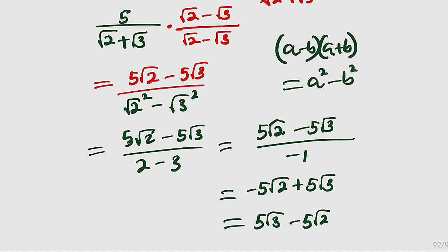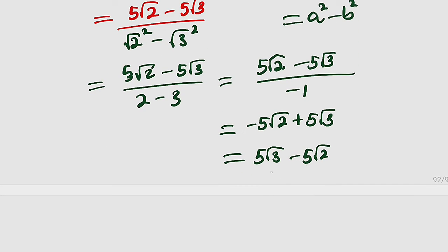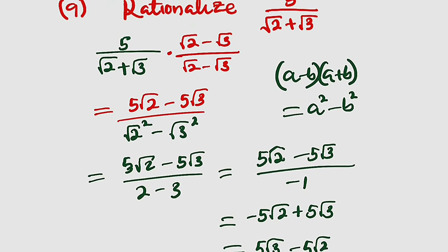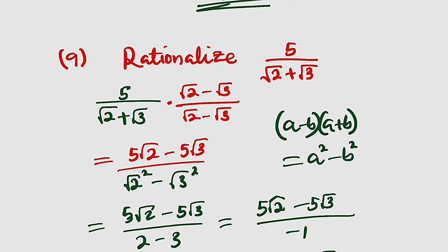If you like, you can factor out the 5 because we have a common factor of 5, but it's not necessary. But let me just do that. It will be equal to 5 multiplied by root 3 minus root 2, all the same. So this is the simplified version or the rationalized version of 5 divided by root 2 plus root 3.